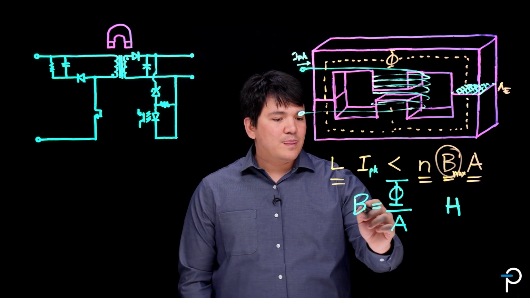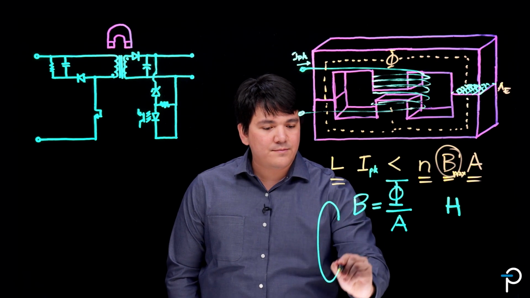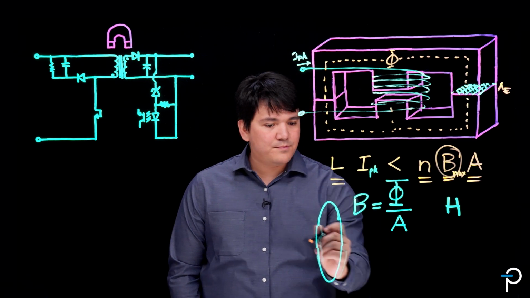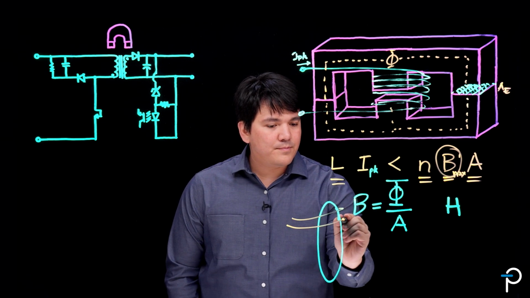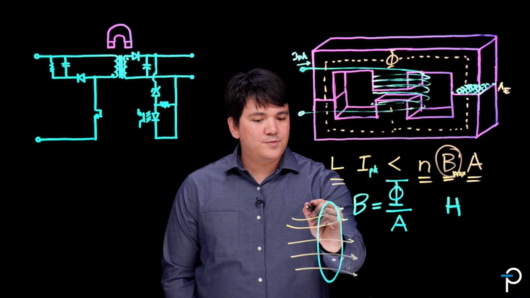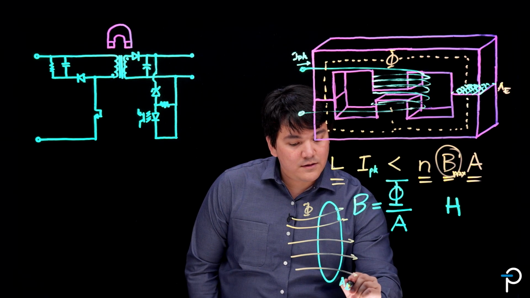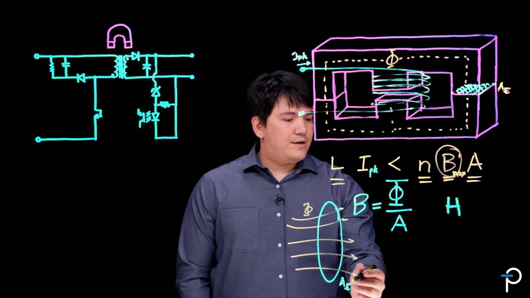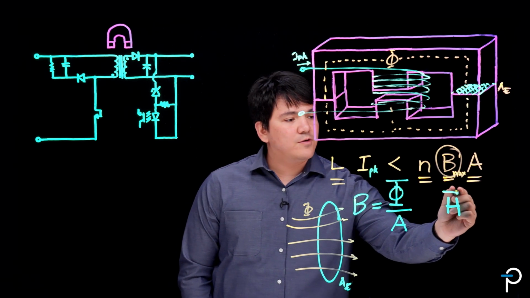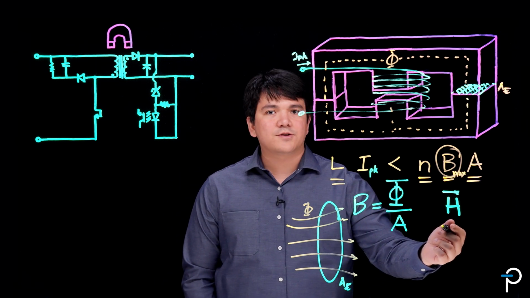Just to clarify, while B, magnetic flux density, refers to magnetic flux per unit area, this would be your magnetic flux. The area. H is a vector quantity, and it is used to quantify the field strength of the magnet.